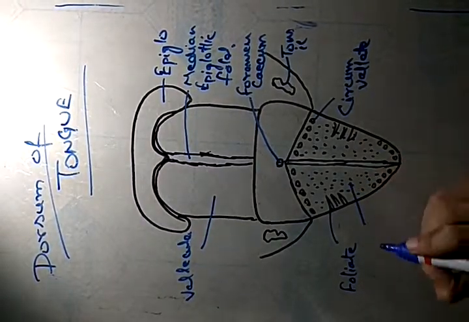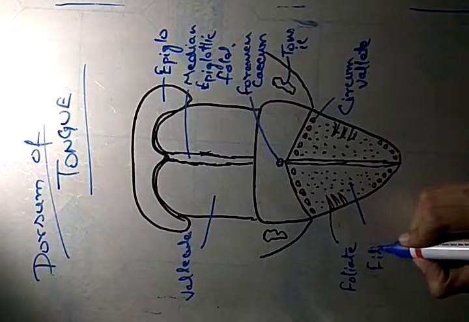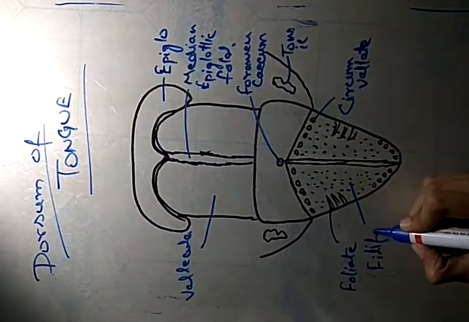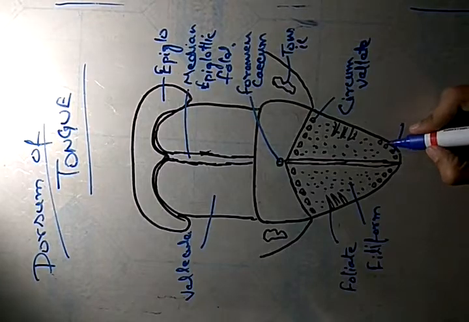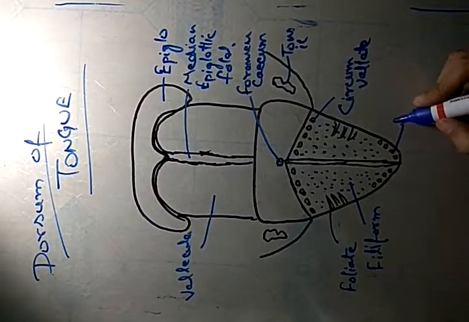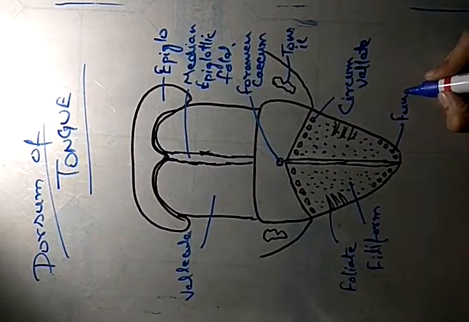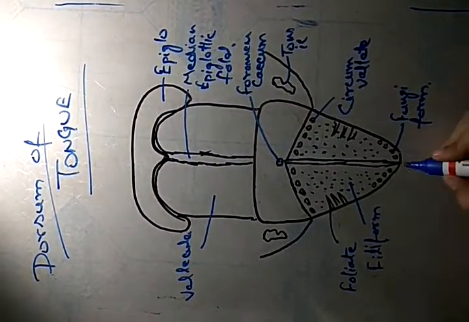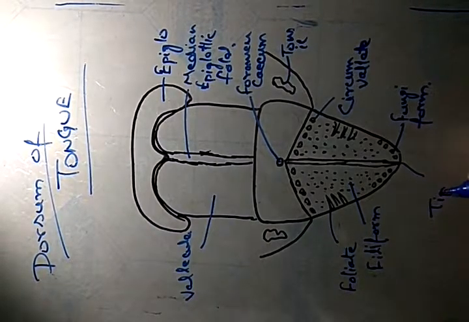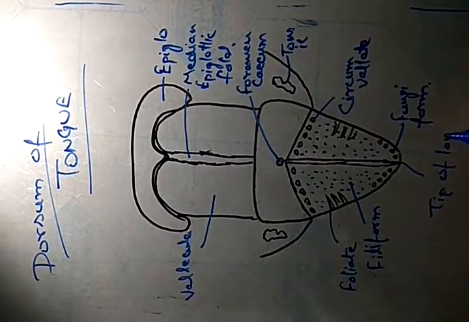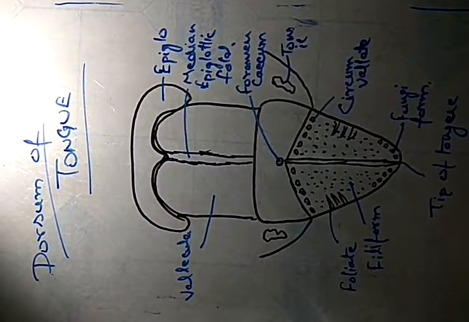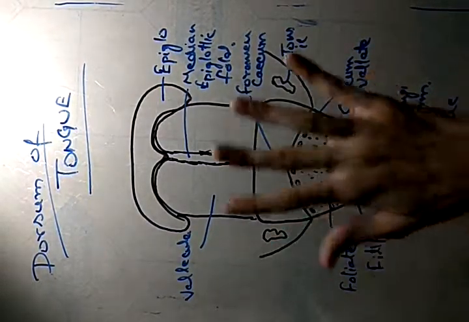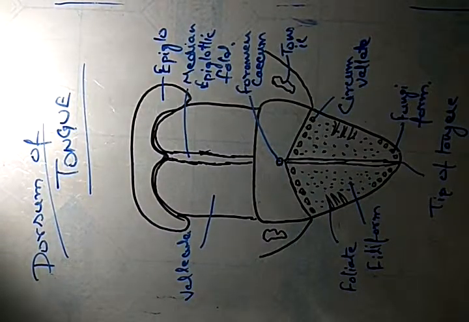Then this is your filiform, most numerous, and on the tip of the tongue we have fungiform. Okay, this is our tip of tongue. Now what else we can show from this diagram is, I'll be rubbing all this so that I can do other markings.